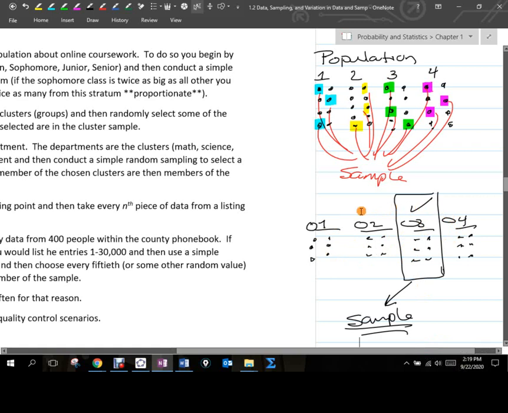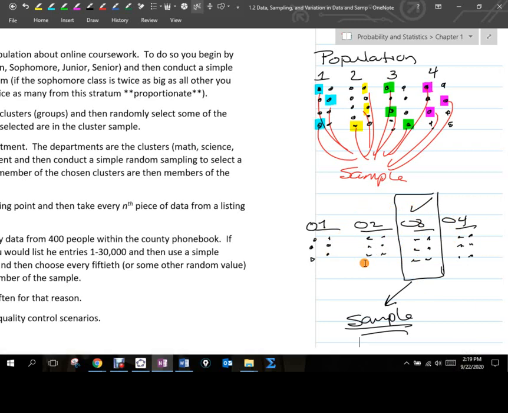A lot of times, if the way people are clustered is already predefined, those people usually have some similar characteristics. We talked about faculty being broken up into math department, English department, science department, and if they use the math department, then we all have somewhat similar characteristics that maybe the entire population of faculty doesn't have. So I would try to be cognizant of that when I'm doing that research.